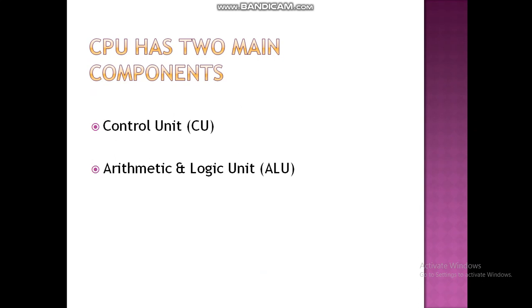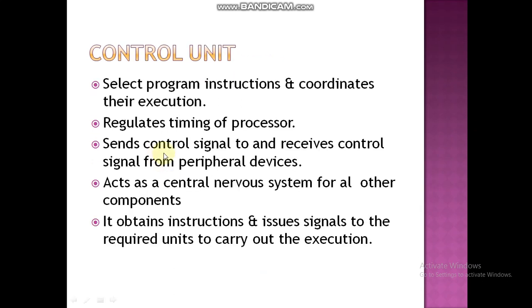Now CPU has two main components. One is control unit and the next one is arithmetic and logic unit. So control unit selects program instructions and coordinates their execution, regulates timing of the processor, sends control signals and receives control signals from peripheral devices.